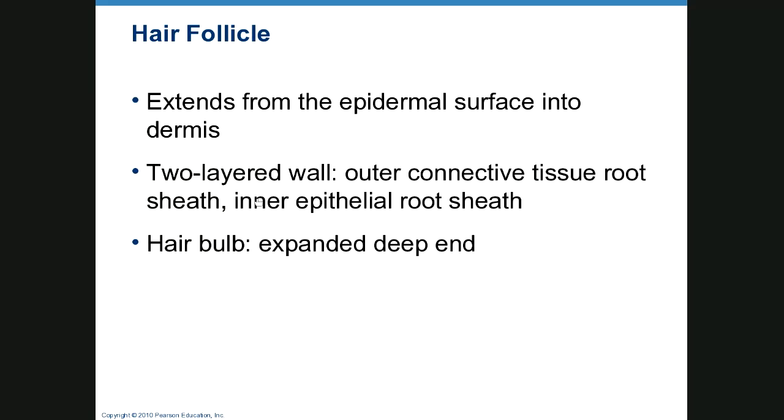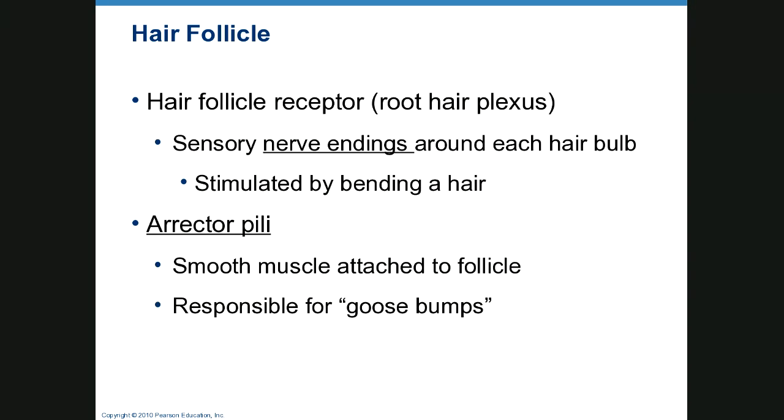And the hair follicle, and this is kind of thought of backwards. It says it extends from the epidermis into the dermis, but it actually starts in the dermis and comes out through the epithelium. And we already discussed the parts: the hair bulb, outer wall, connective tissue root sheath, inner epithelial root sheath.